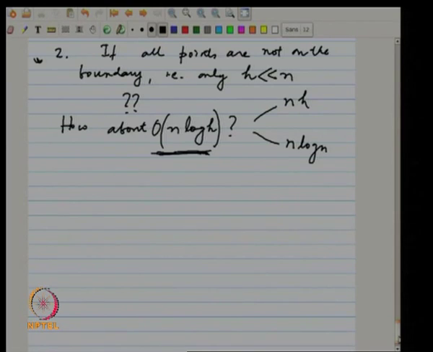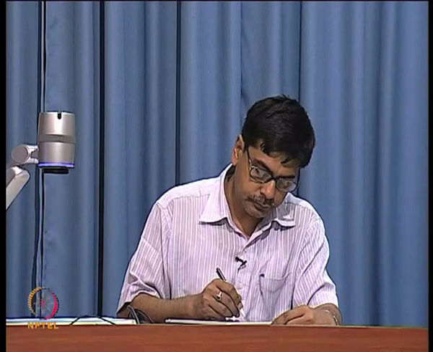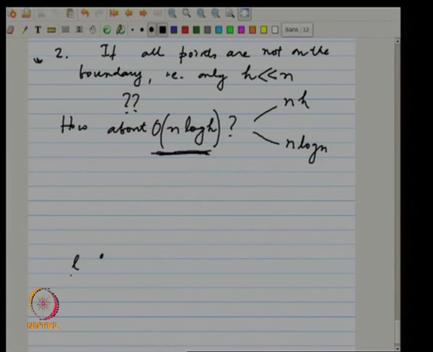Historically, there was a very well known algorithm for convex hulls, and that is a very simple idea. What it does is it identifies the leftmost point, L. Again, let us look at only upper hulls.